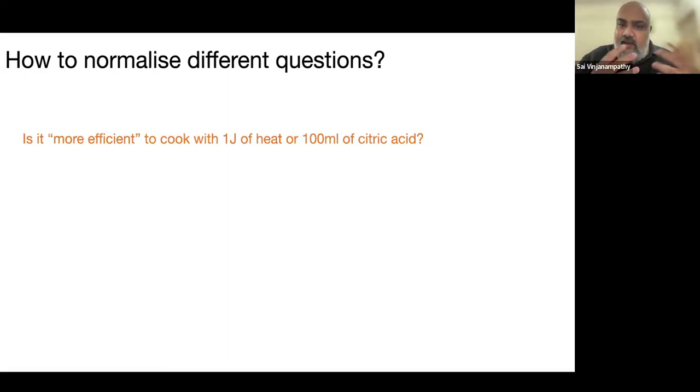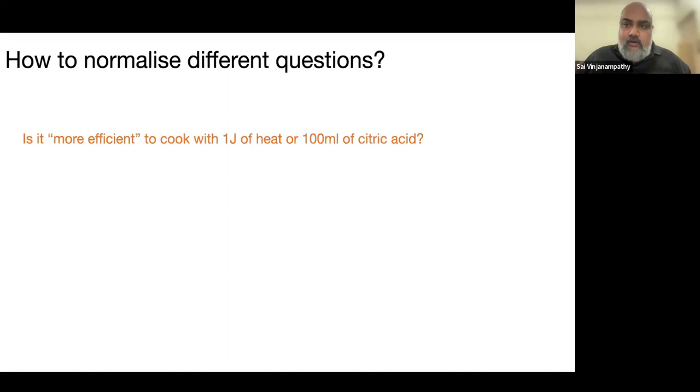You have to define what efficiency means in the context of cooking, right? Maybe it means the amount of nutrition that I have imbibed per cost of work that I've done. So for 1 joule of heating, I have to pay some person some money.